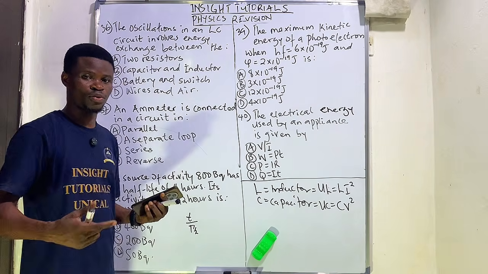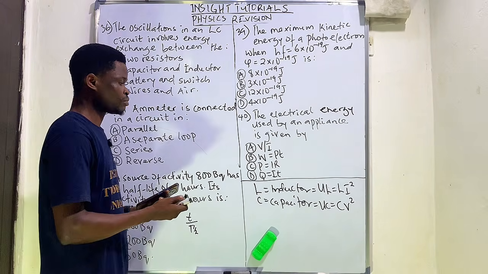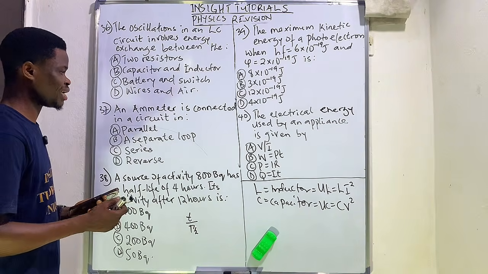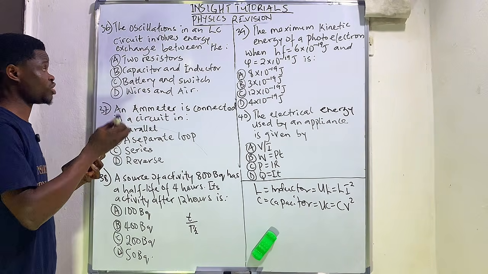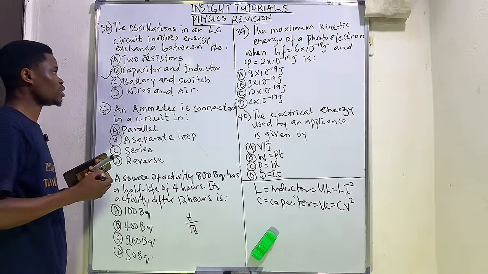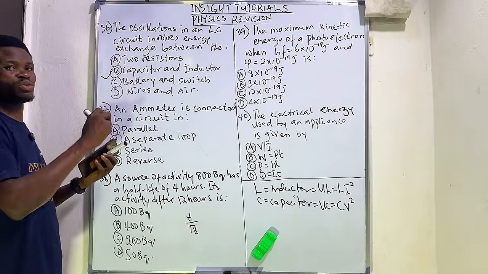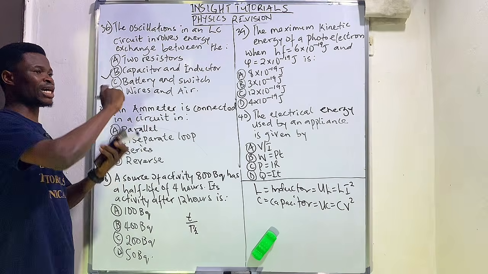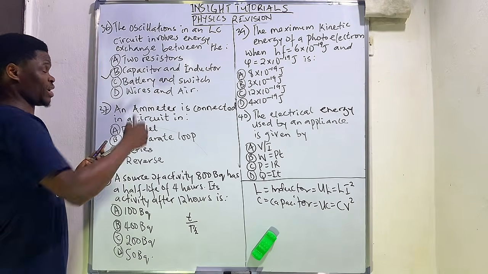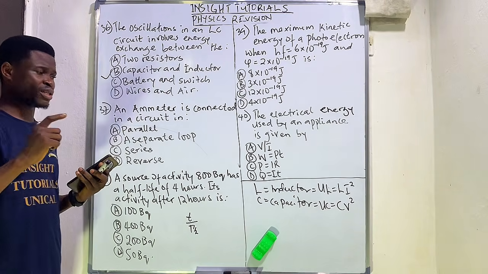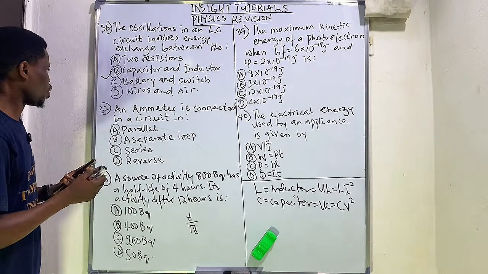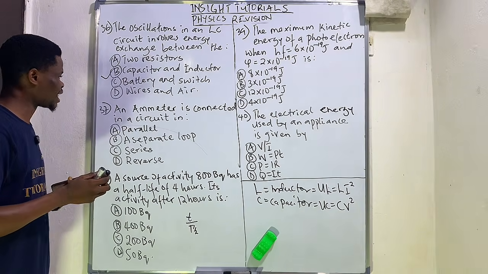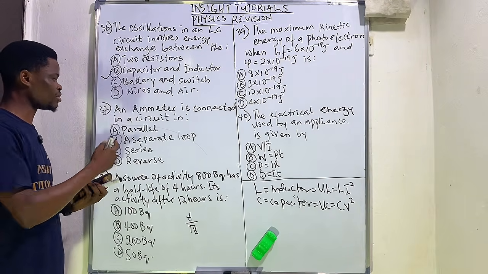That is very important for you to know, right? So the correct option before we go to the next question is the capacitor and inductor. So an LC circuit is actually an exchange of energy between the inductor and the capacitor.